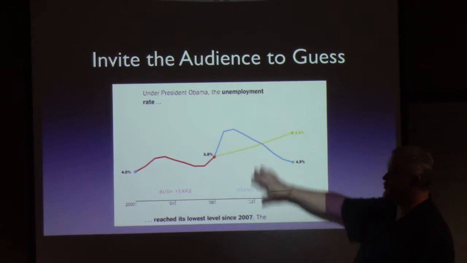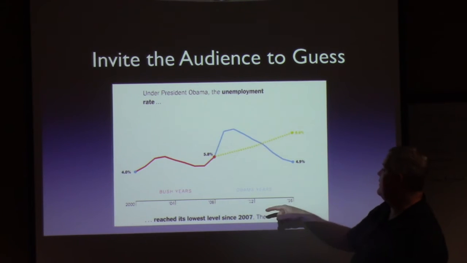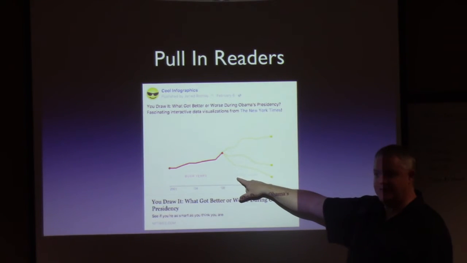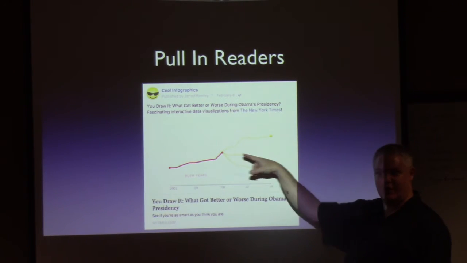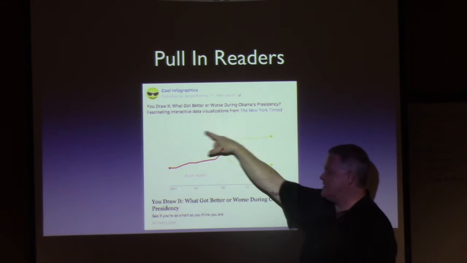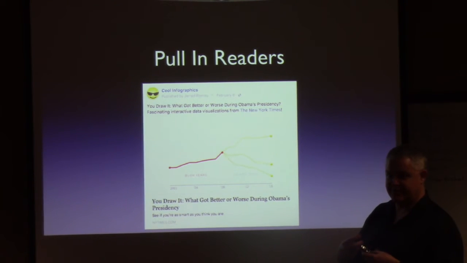Elsewhere on the page, if you click the Facebook button and say share to Facebook, this is the still image that shows up on Facebook that has multiple choices, meaning what's it going to be? Do you know what happened? They created this still image as their draw to get you into the interactive page.